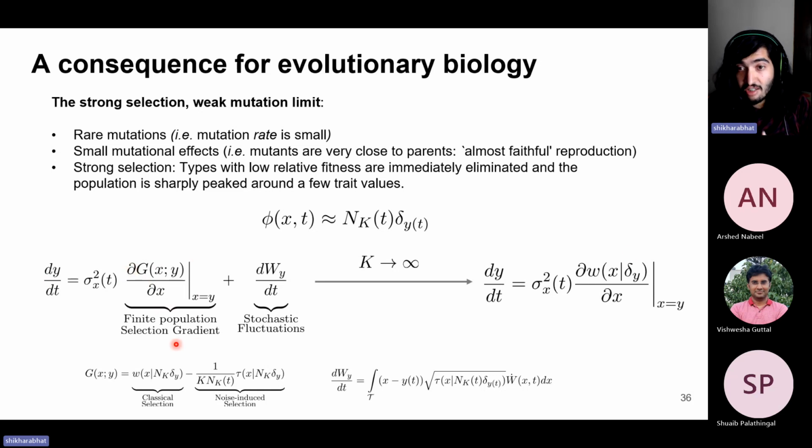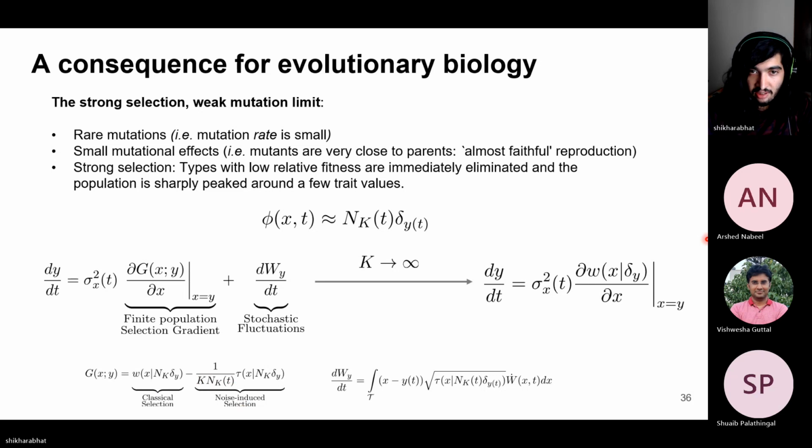But this gradient is not just a fitness gradient. It is fitness plus something or minus something. And this something is called noise-induced selection because it is selection for lower tau because of this minus sign. And it is scaled by k of t, which is the total population size.